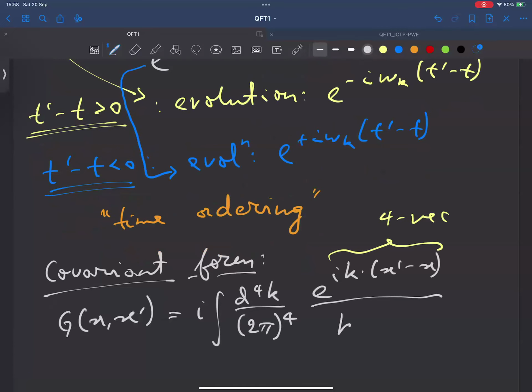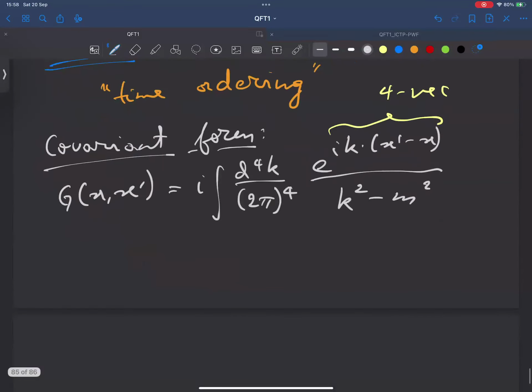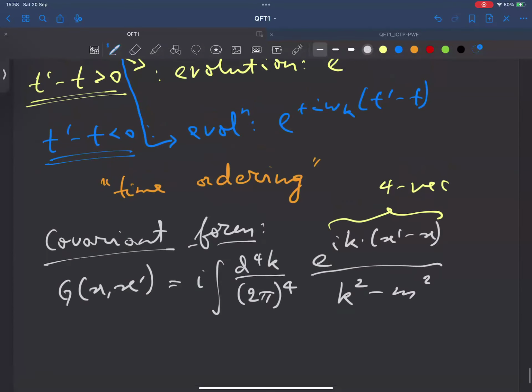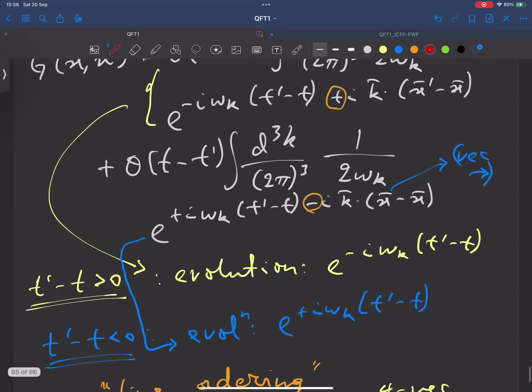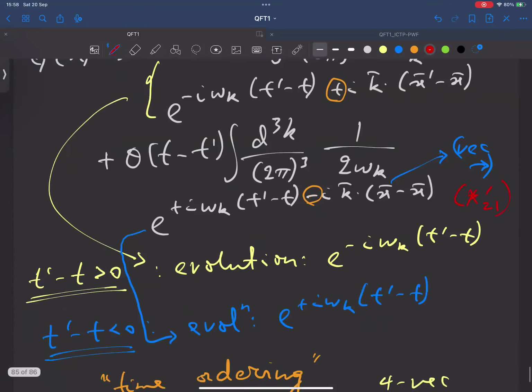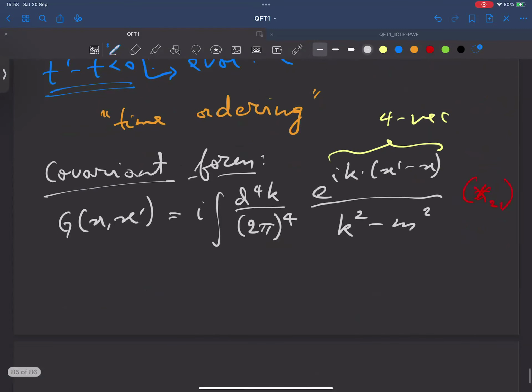Let me call this star 21 prime. Now we will argue that star 21 prime is indeed equal to star 21.